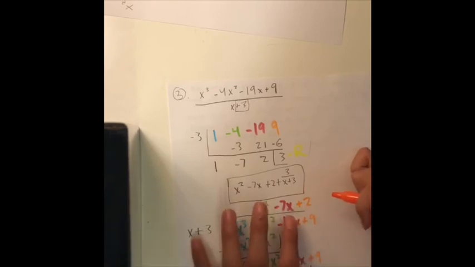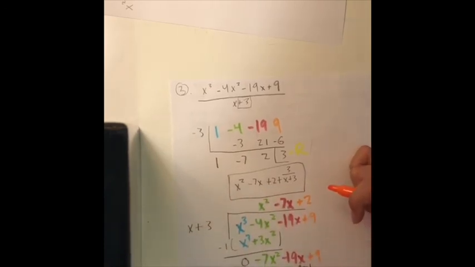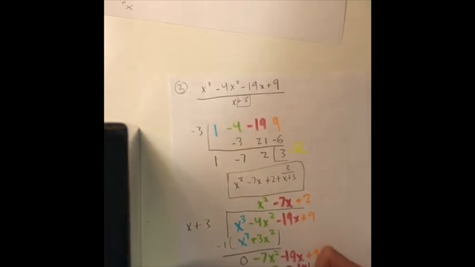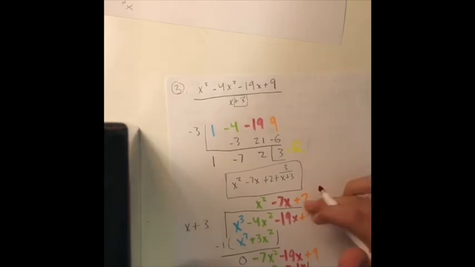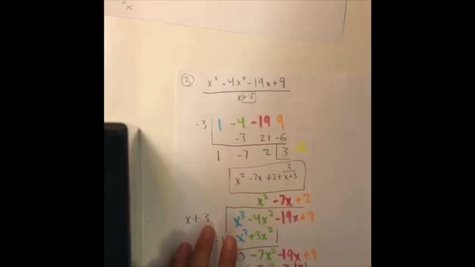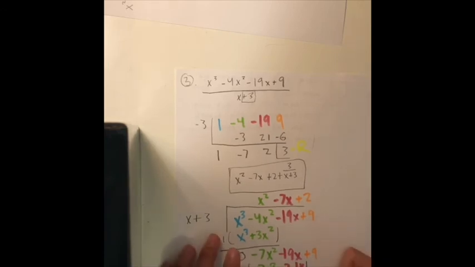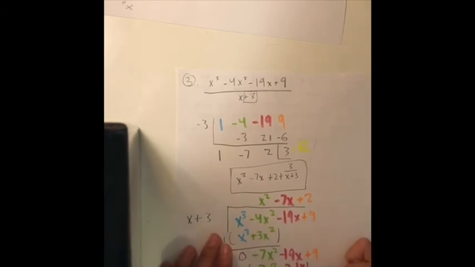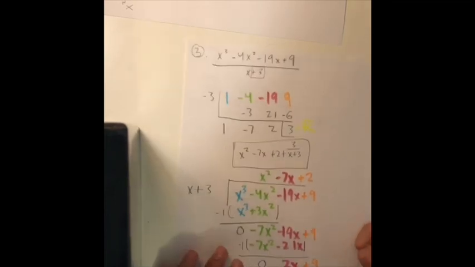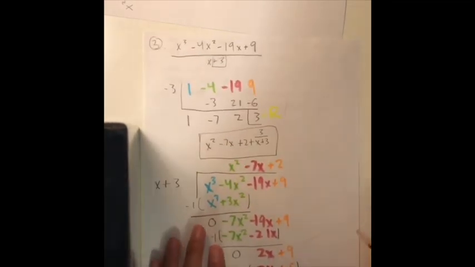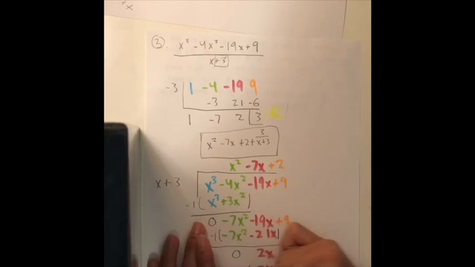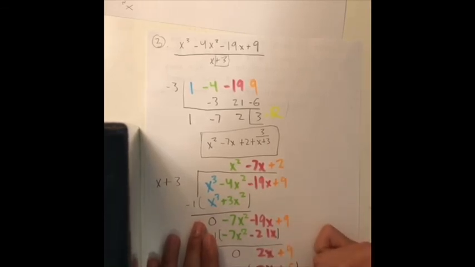Now we're gonna multiply. X times 2 is 2x. And 2 times 3 is 6. We multiply this by -1. And we add, this will be 0. This will be 3.